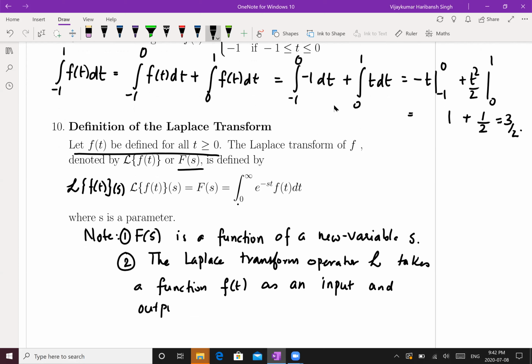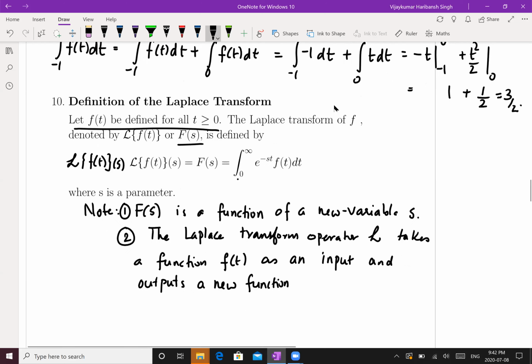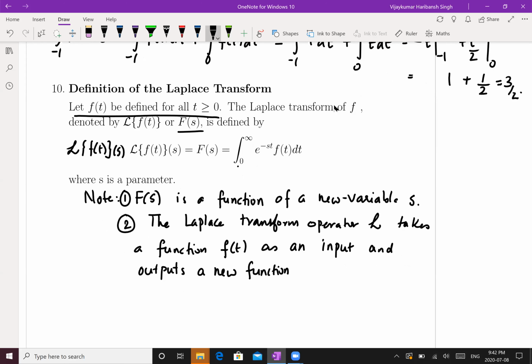It is important to see that the output is also a function, right?